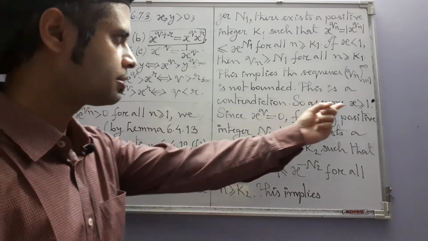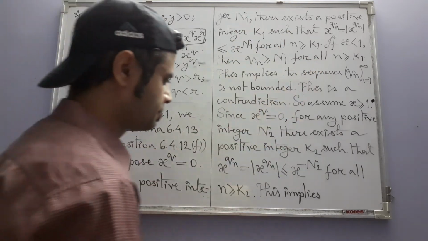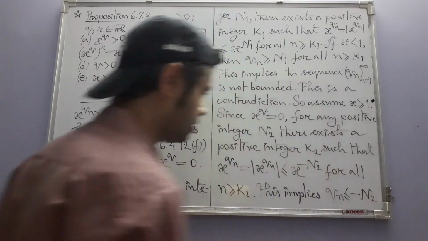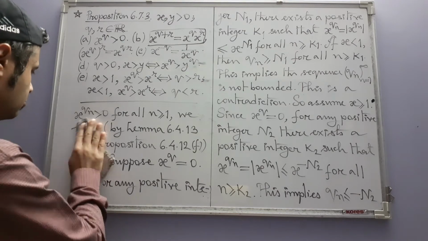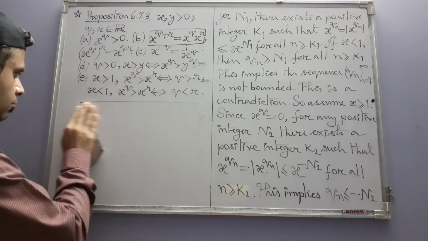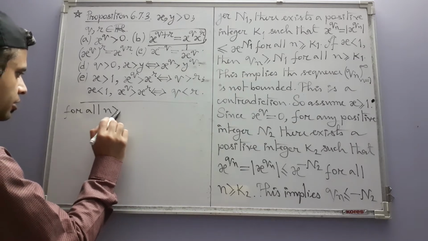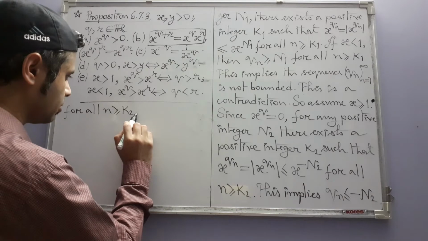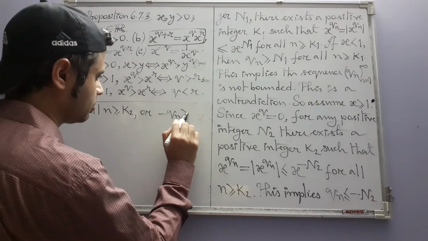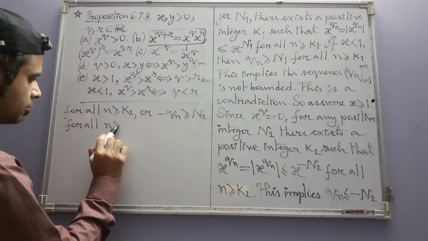That is because our base x is now greater than or equal to 1, and this again is coming from that lemma 569 part E. So Qn is less than or equal to minus n2 for all n greater than or equal to k2, or minus Qn is greater than or equal to n2 for all n greater than or equal to k2.